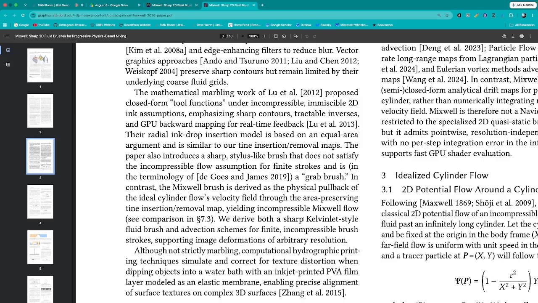We derive both a sharp Kelvinlet-style fluid brush and an advection scheme for finite incompressible brush strokes, supporting image deformations of arbitrary resolution.